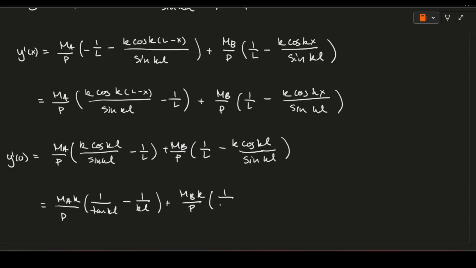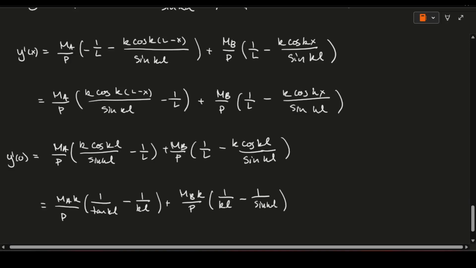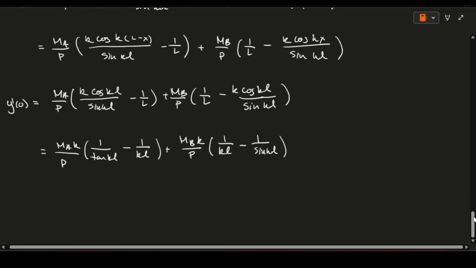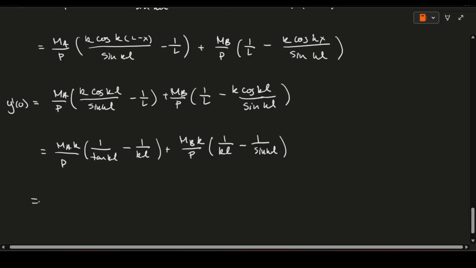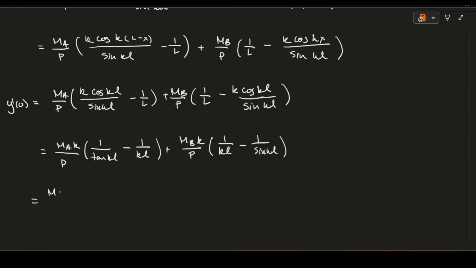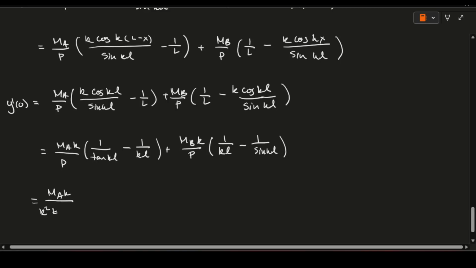So we get 1 over KL minus 1 over sine KL. So we can use the fact that P is equal to K squared EI.